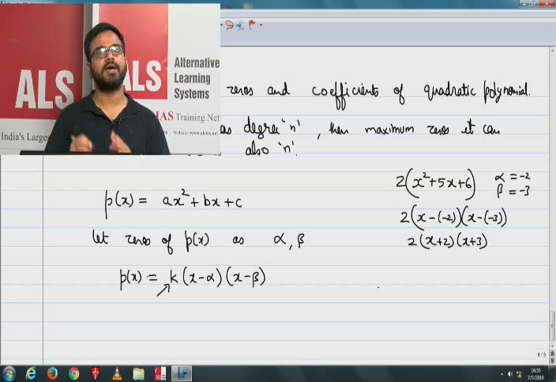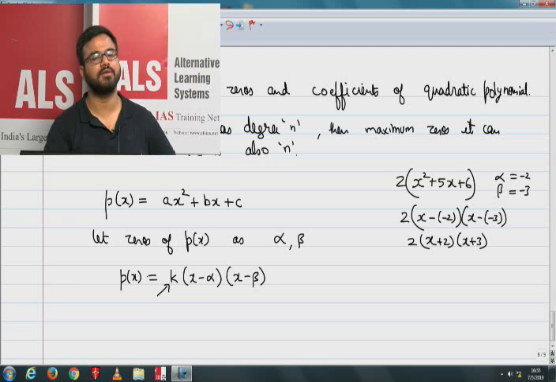So that multiplier can be 1, 2, or 3 also. It will be mentioned in the question. That's why we have considered k as the multiplier. It can be 1 also. If it is 1, then no need to use it. If it is other than 1, then we have to use it. So if alpha and beta are the zeros, we can write this polynomial as k times (x minus alpha) into (x minus beta).